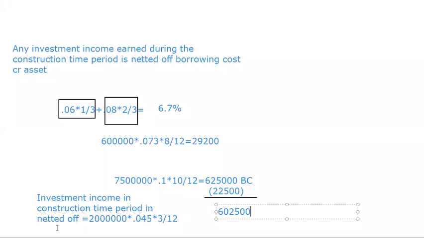And 1 month's interest will be other income. 2 million into 0.045 into the original month, 1 month, 1 by 12. $7,500 will be other income.